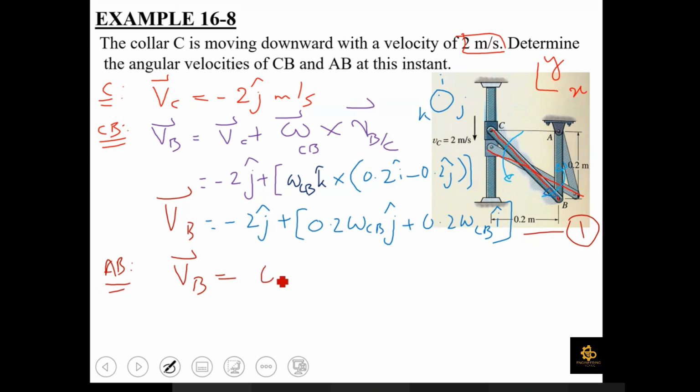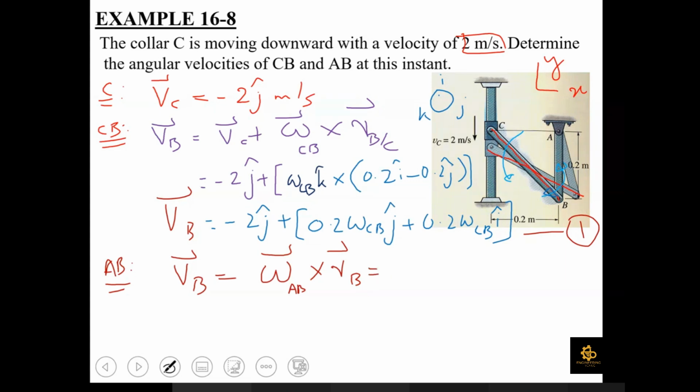The omega cross R. So omega cross R, but now here omega is the angular velocity of this link, which is omega AB, and R is the vector RB, which defines the absolute position of B with respect to A. So this is going to be omega cross R for link AB.